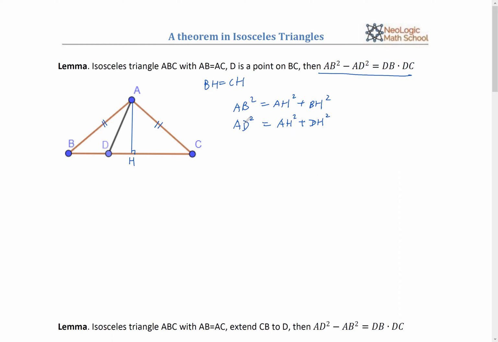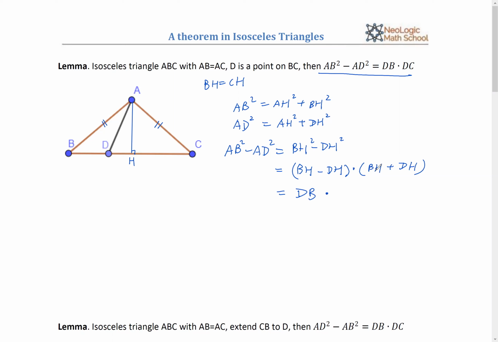All right, we are ready to do a subtraction. AB squared minus AD squared. So this AH squared component cancels, right? So it's BH squared minus DH squared. That is BH minus DH times BH plus DH. What is that equal to? BH minus DH: this one minus this one, what you have left is DB, right?